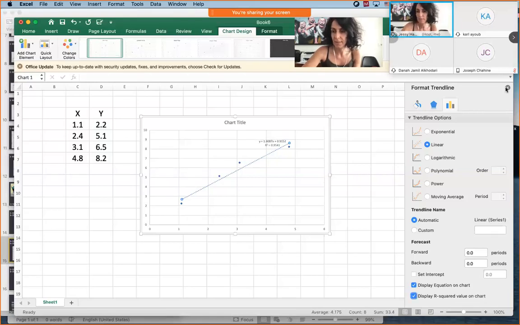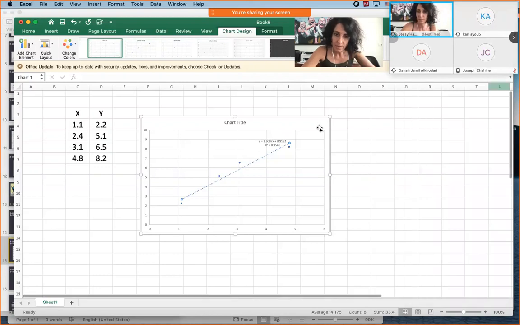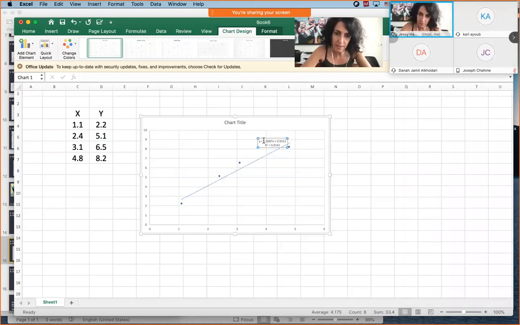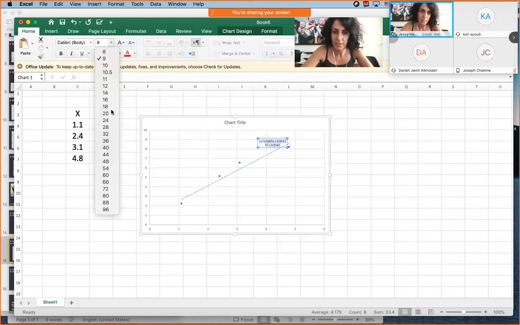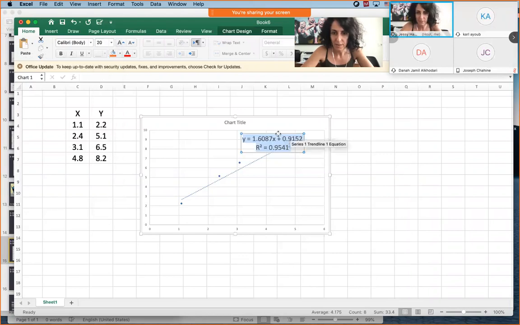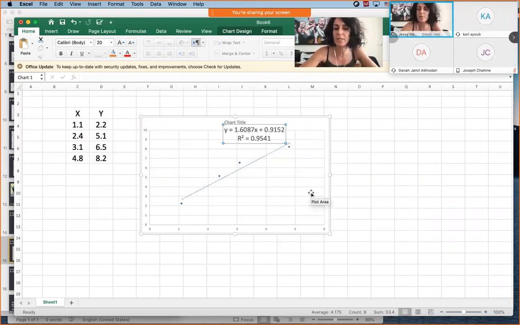Okay? And I'm gonna close this window and look in here. I'm gonna make it bigger for you to be able to see it. Yes, 20. Now you can see it. It shows you the equation of the straight line along with the R squared value. Who can tell me what the slope is?